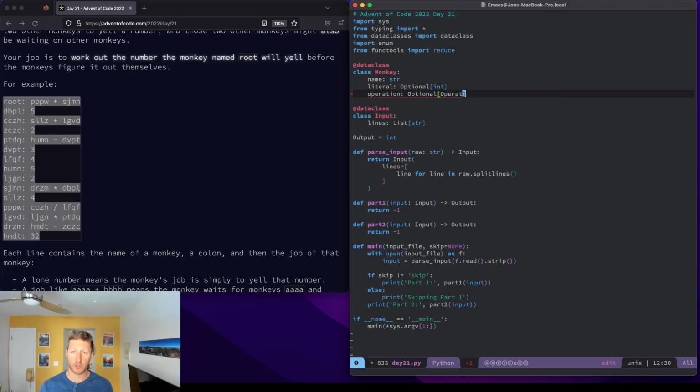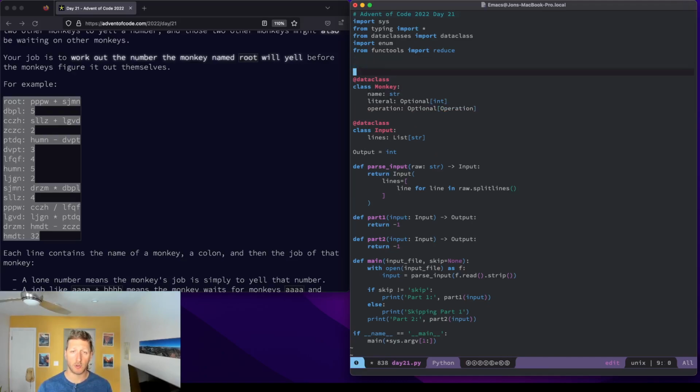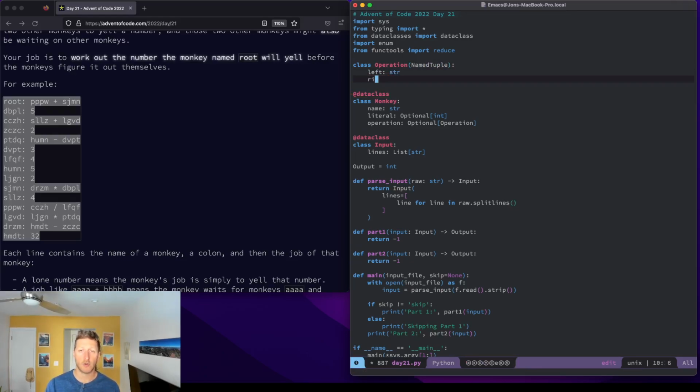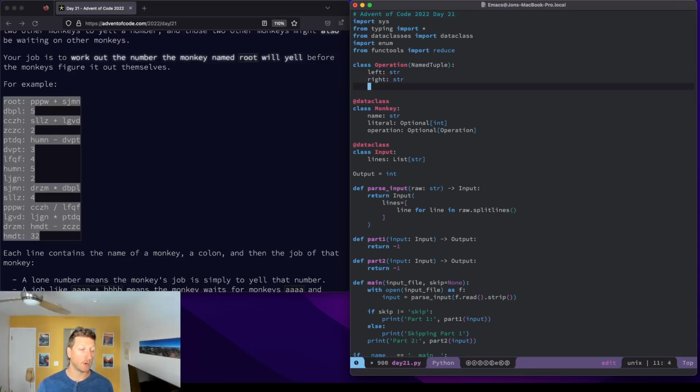we'll call it an operation, which would be a named tuple class, operation, and that will be a left str, a right str, and an op type. We'll call it an op type, right?